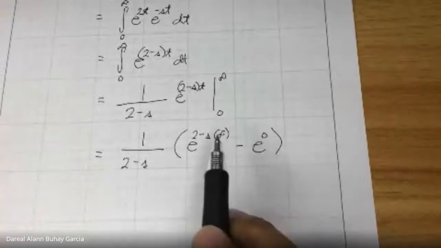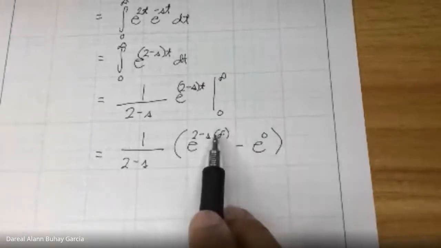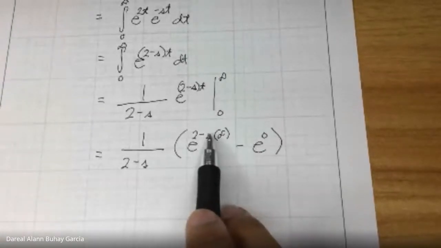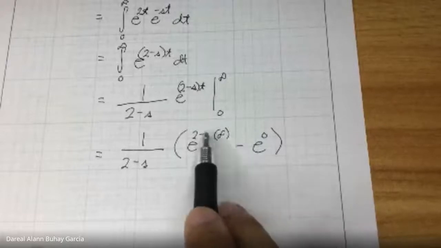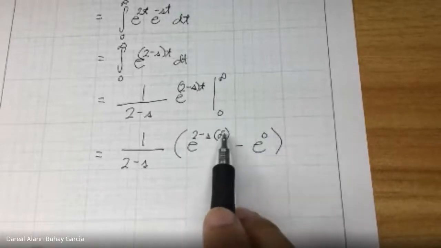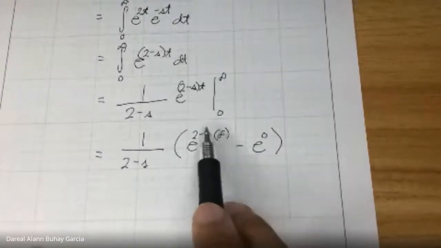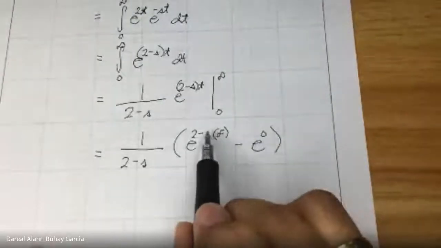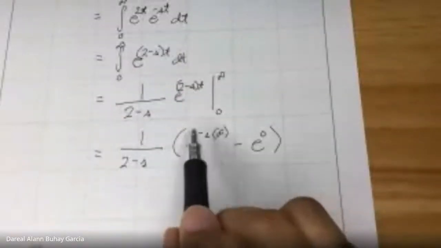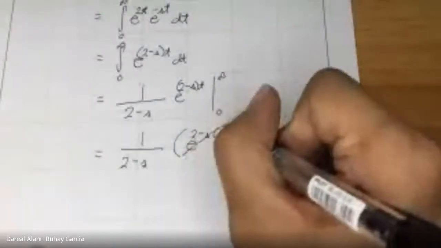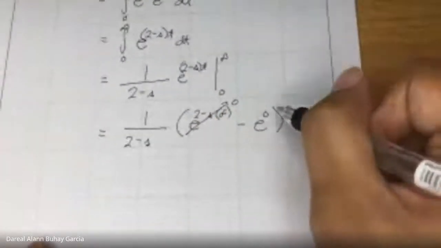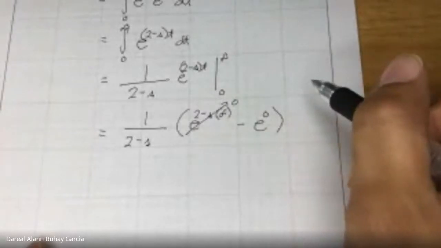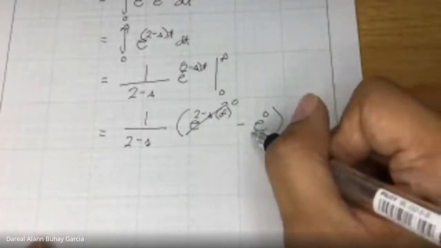The same as before. The infinity here is multiplied by a negative. The second infinity is bigger than the first, so this will be equal to 0 and this will be equal to 1.